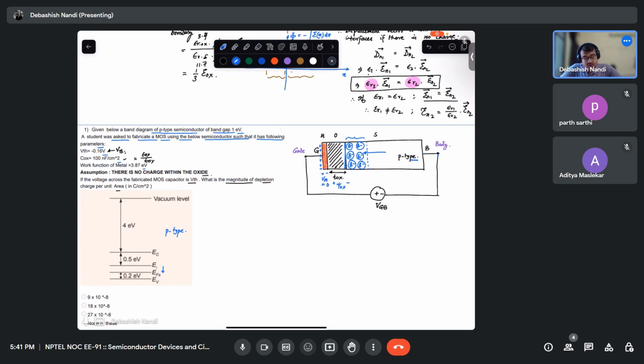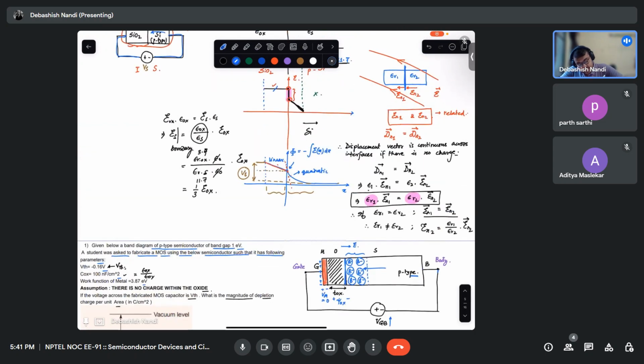Okay, now what happens if you keep increasing your VGB, right? This field will also start to increase. How? Because if you increase the Vs, this line will be higher somewhere here. If your Vs is higher, then this drop will also be higher, and this will get stretched this much.